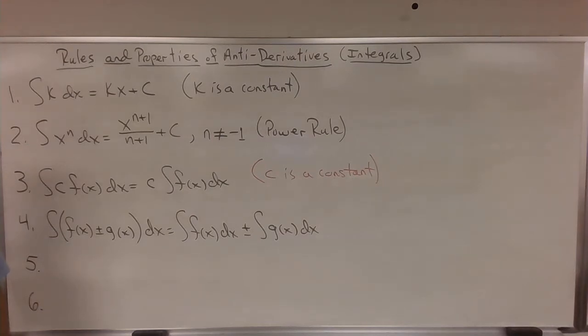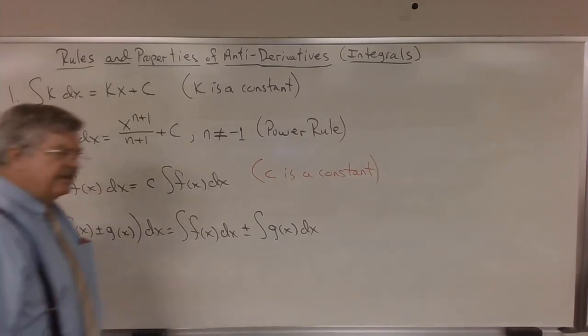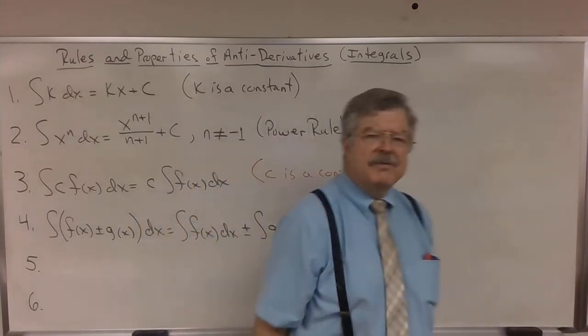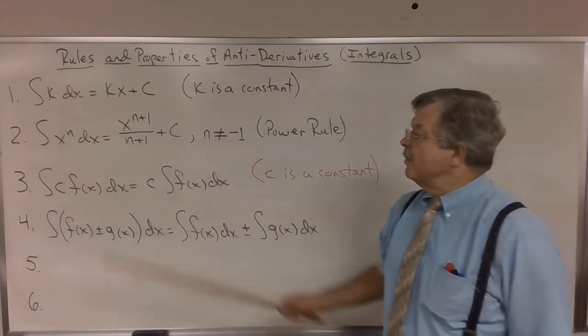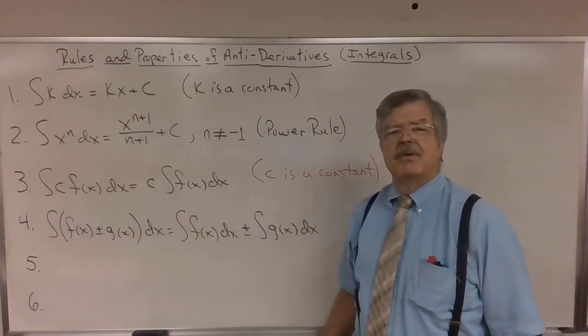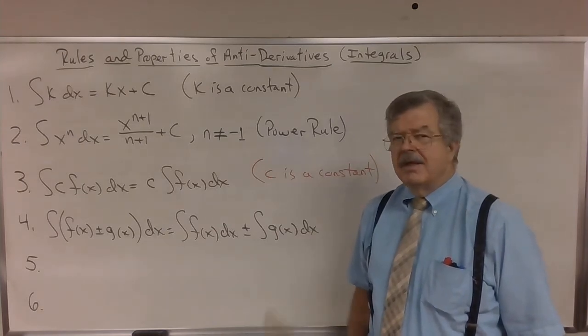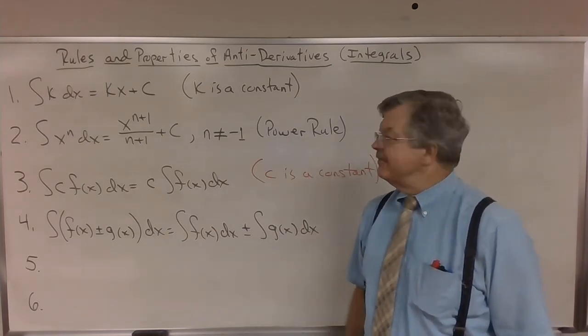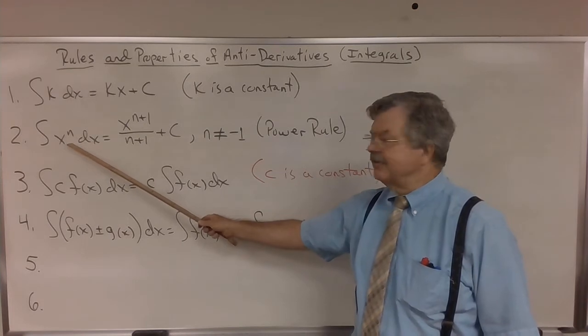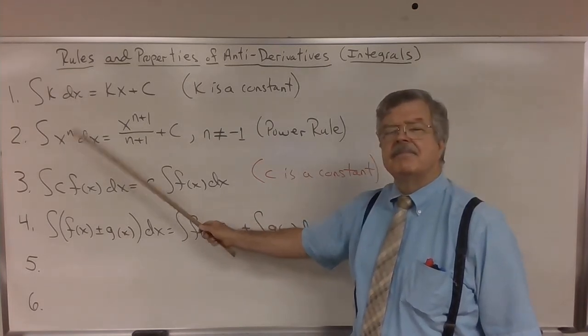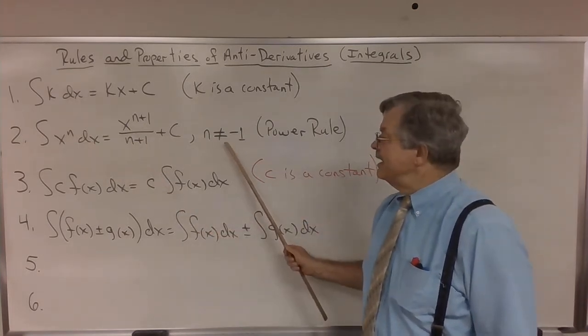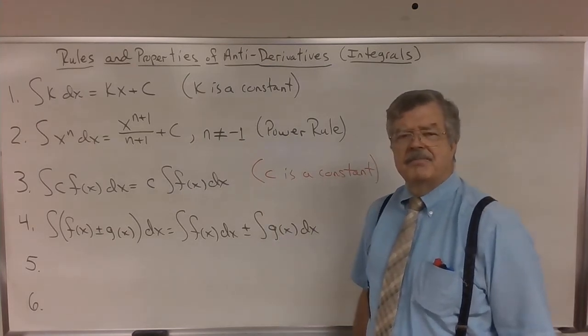It's not surprising that we have a power rule for antiderivatives. And here it is. Now, interestingly enough, with the power rule for derivatives, it works for any exponent n. With antiderivatives, the power rule works for any exponent n except n equal -1.